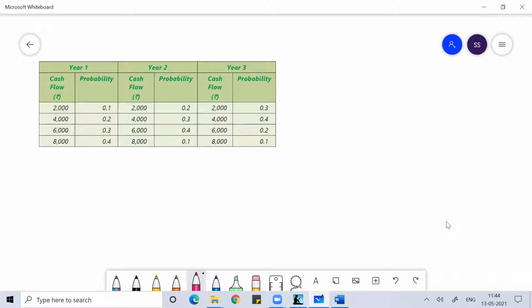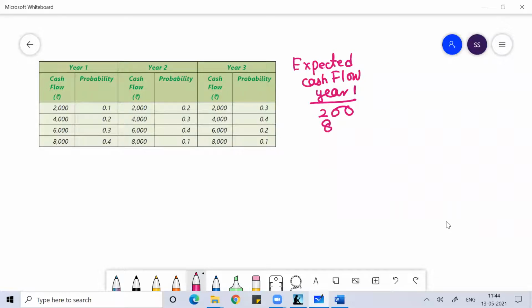So if I ask you the expected cash flow for year 1, that would be how much? I hope this data is visible to you. That would be 2000 into 0.1, that would be 200. 4000 into 0.2, that would be 800.